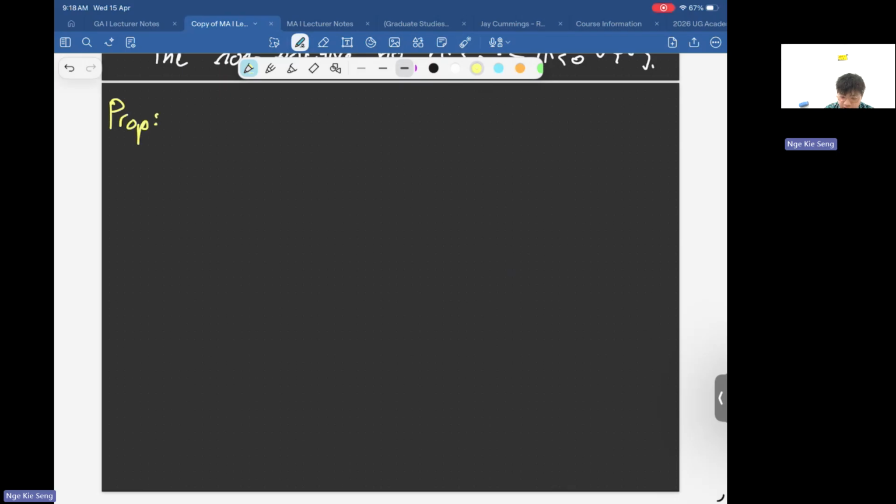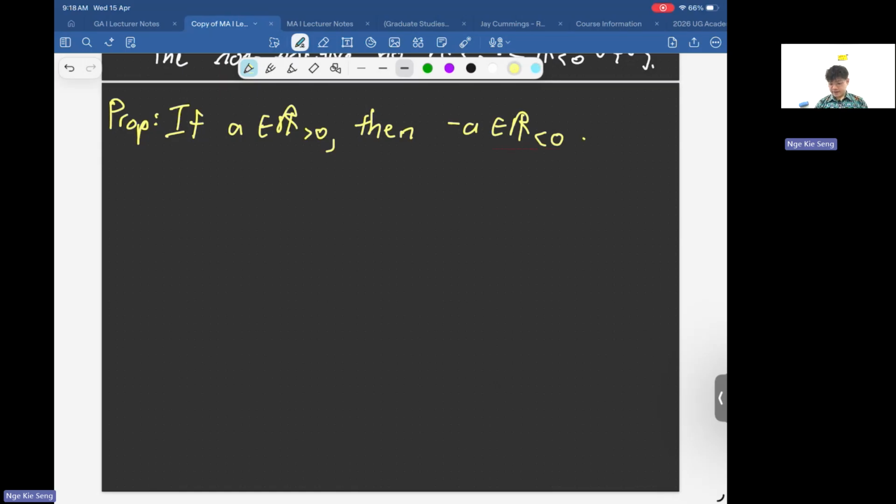Based on this observation, let's check something. If A is a positive number, then its additive inverse has to be negative. How do we prove this? Like what we said just now, there are three possibilities that negative A could take. If you compare minus A and 0, what are the three possibilities?